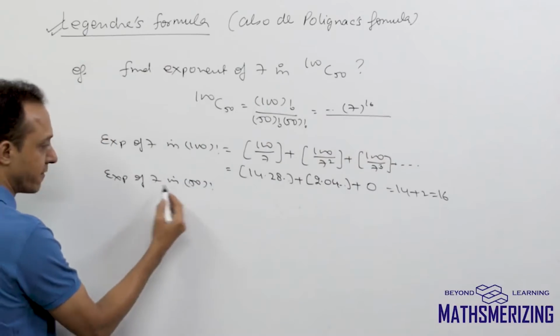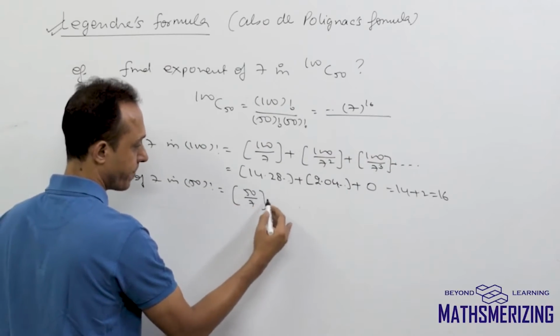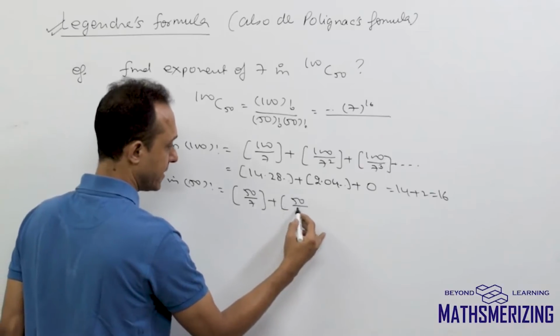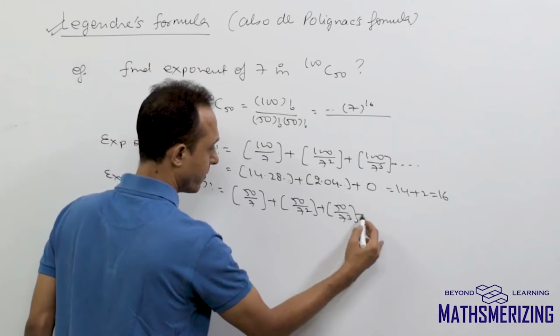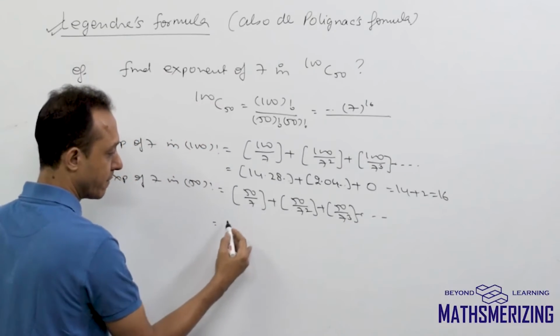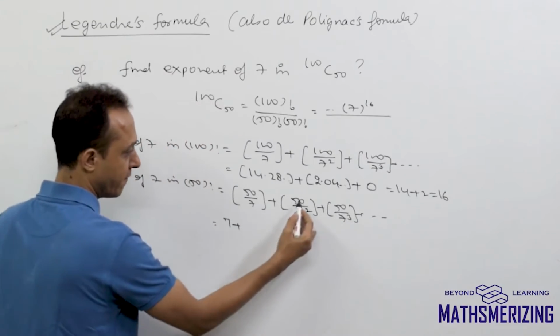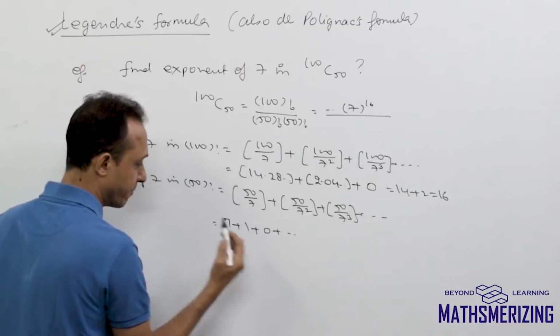Now what about the exponent of 7 in factorial 50? In factorial 50 I can write 50 by 7, 50 by 7 square, 50 by 7 cube, and it will go on. Now this is 7 point something, so this is 7. Now 50 by 49 is simply 1, and all the other values will be 0. So this is simply 8.